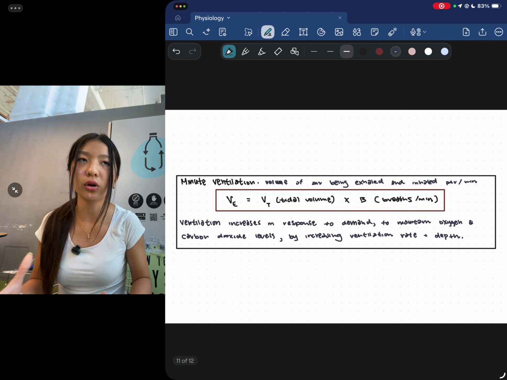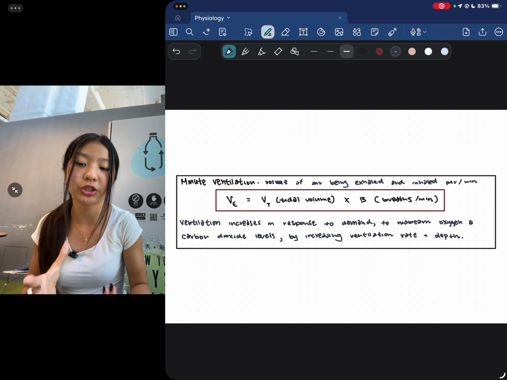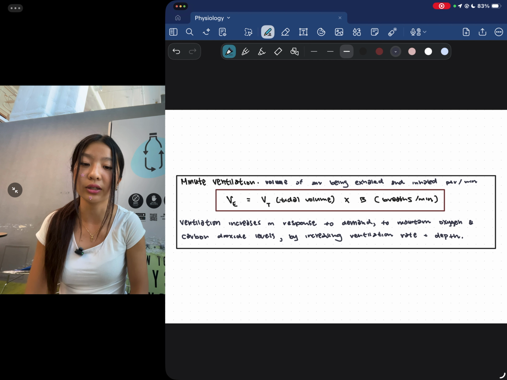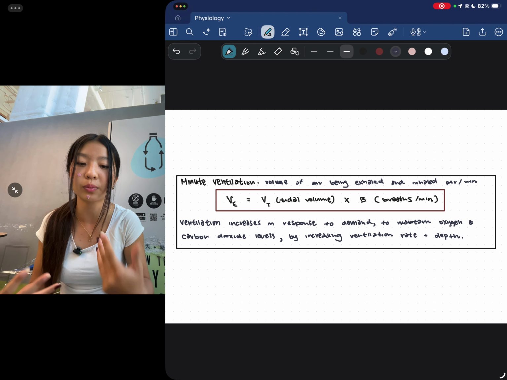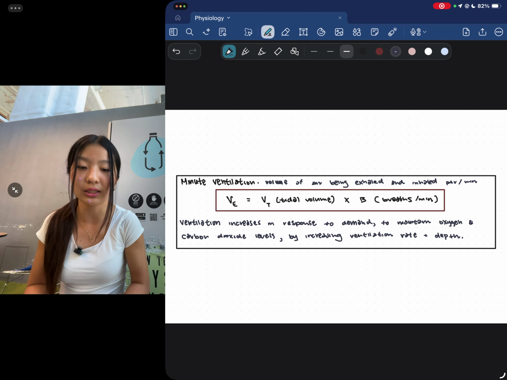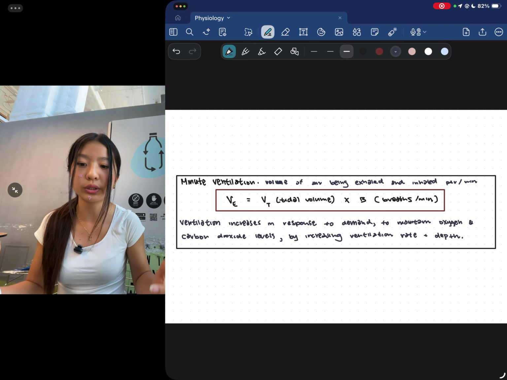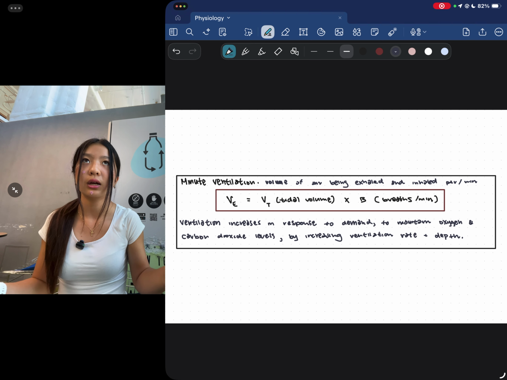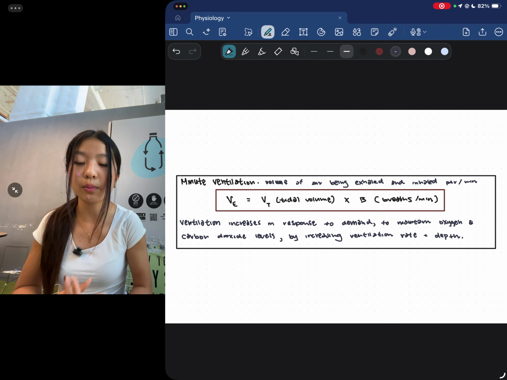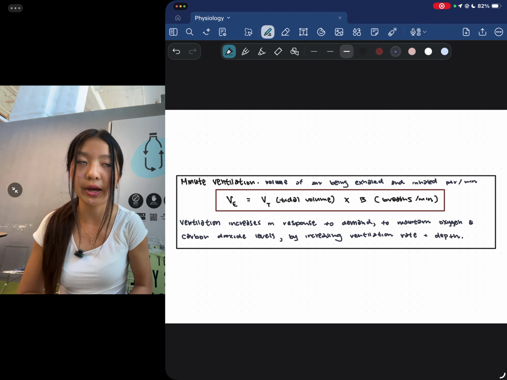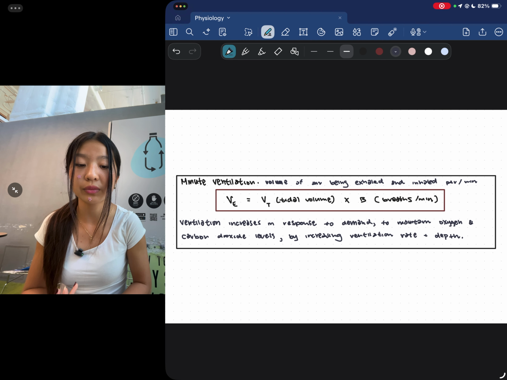And the equation we look at ventilation through is the minute ventilation equation, which is just the volume of air being exhaled and inhaled per minute. So minute ventilation is equal to tidal volume, which is the depth or the amount of air, times our breaths per minute, so respiratory rate.